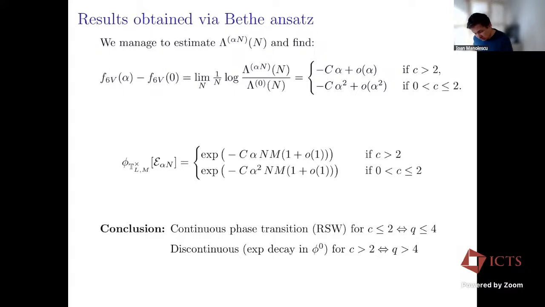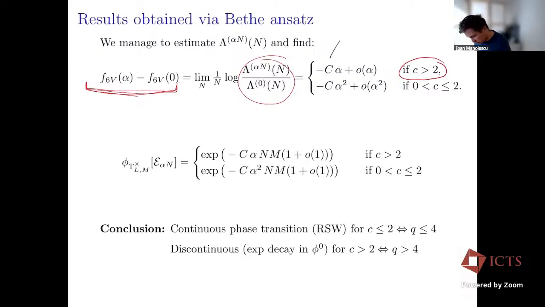And so what we obtained is that indeed, if C is larger than 2, as expected, the eigenvalues here, if you're computing their ratio, which corresponds to computing the increment of the free energy, you obtain an order alpha.